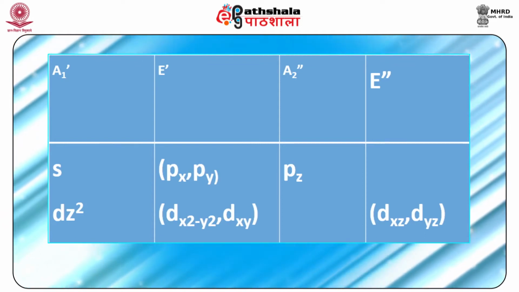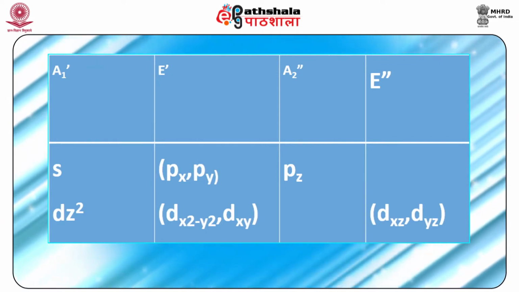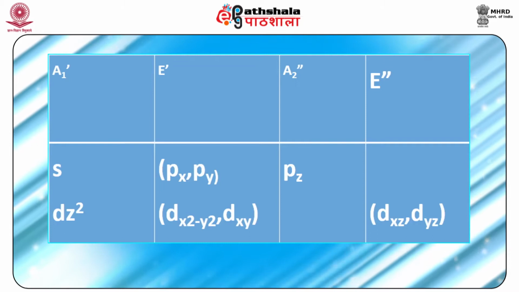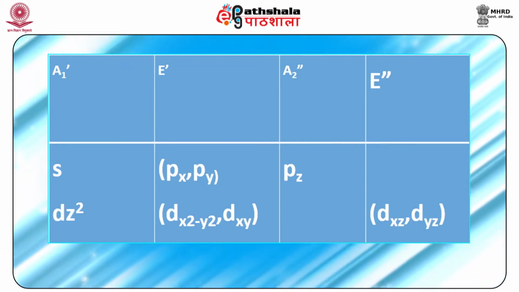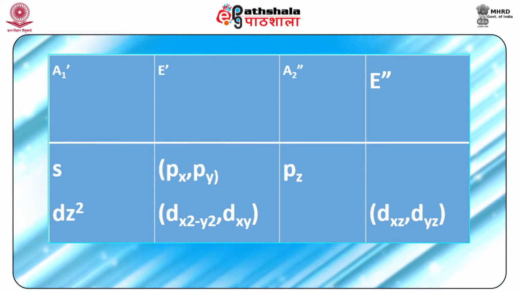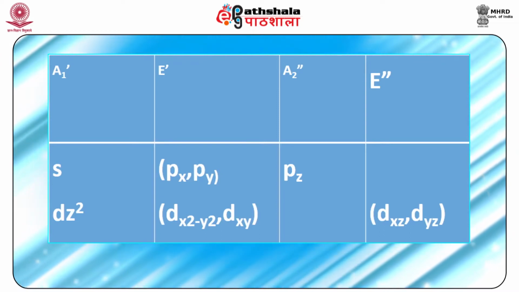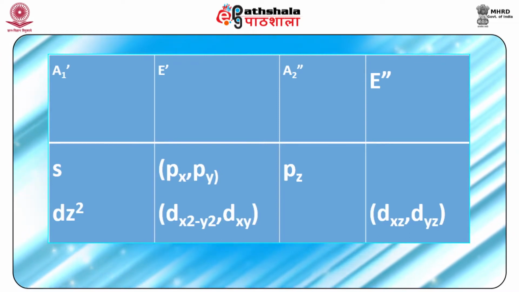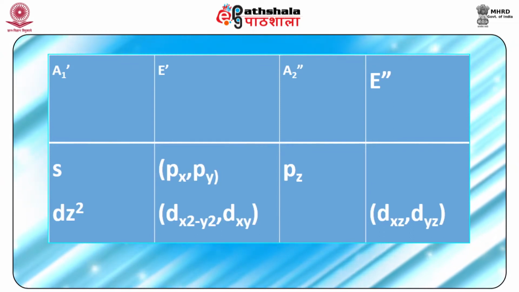For A2 double dash we have only Pz, and for E double dash we have dxz and dyz. But I will be taking two atomic orbitals of A1 dash, one atomic orbital of A2 double dash, and two atomic orbitals of E dash symmetry, and then we have the possible combinations for this.